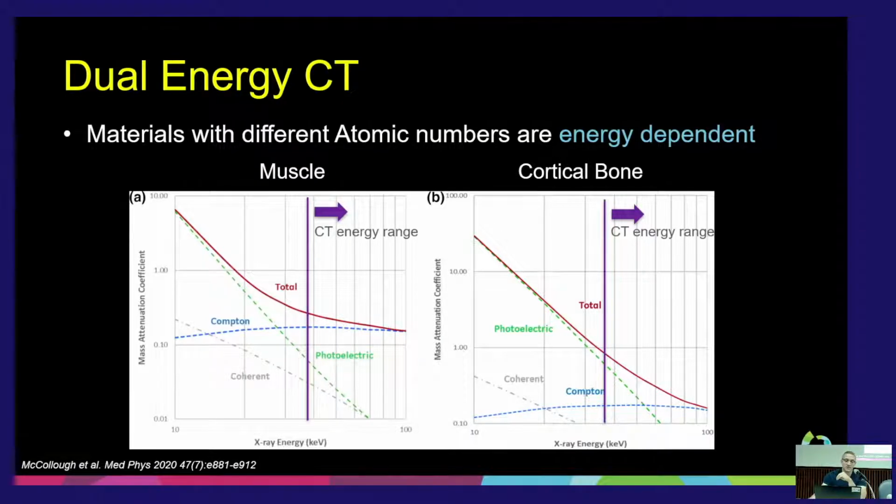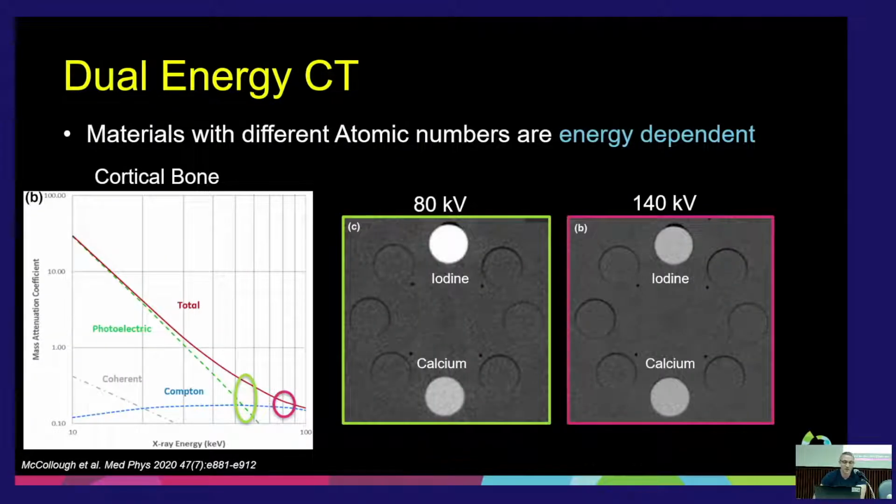So in the CT range, when we're looking at soft tissue, the fundamental way X-rays interact with our body is through the Compton scatter effect. For bone or other high attenuating materials such as iodine contrast, the fundamental interaction is through the photoelectric effect. And because there is a distinction in the way the photons, the X-rays, interact with these 2 different materials, we can distinguish which is which using dual energy.